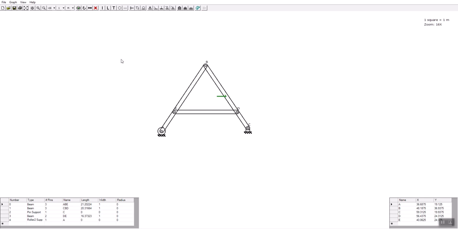This structure is okay too. So collapsible, determinate, and indeterminate structures. That concludes this lecture. Thank you for listening.